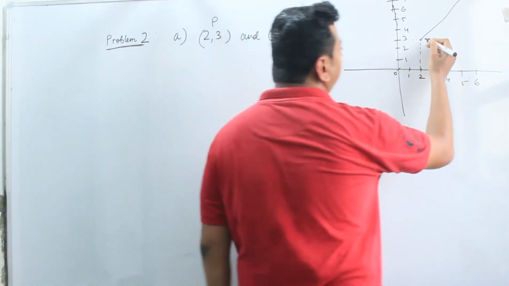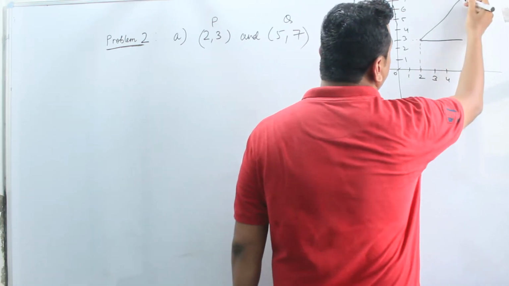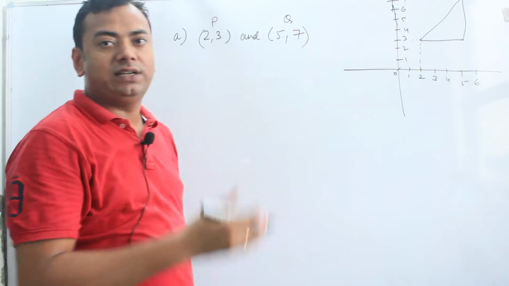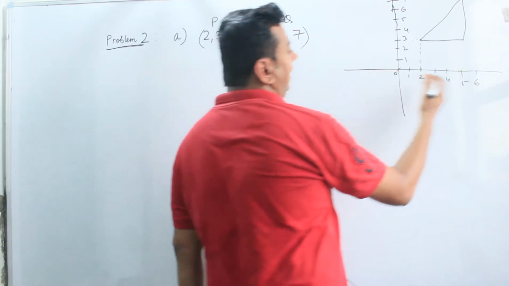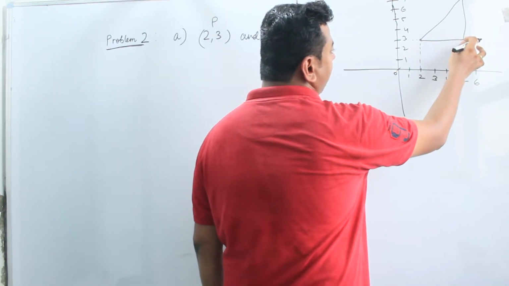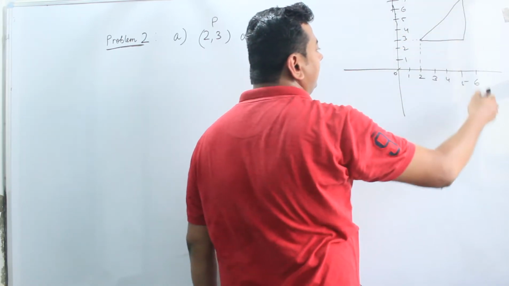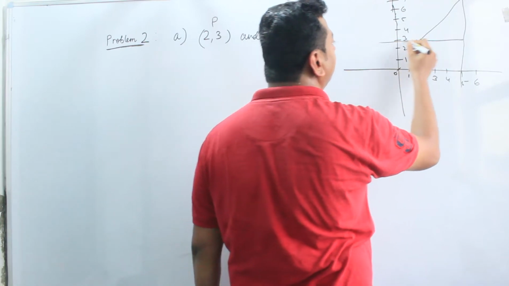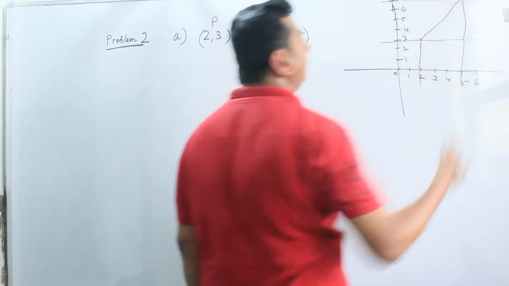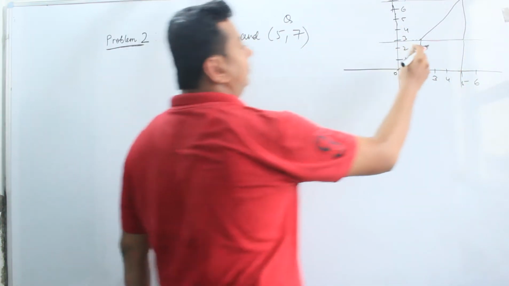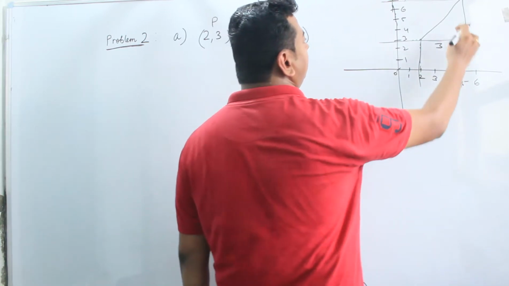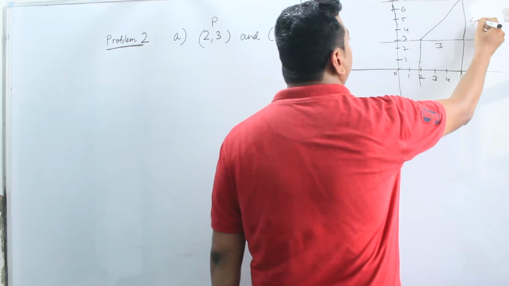Just find the displacement in the x-axis, the difference of the x coordinates. We will draw this line. So this is 5 minus 2, that is 3. This is 7 minus 3, that is 4.